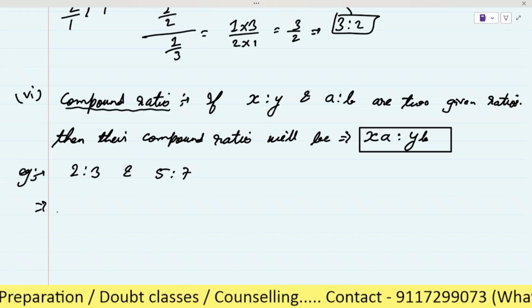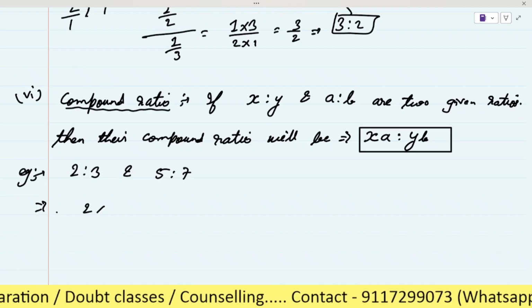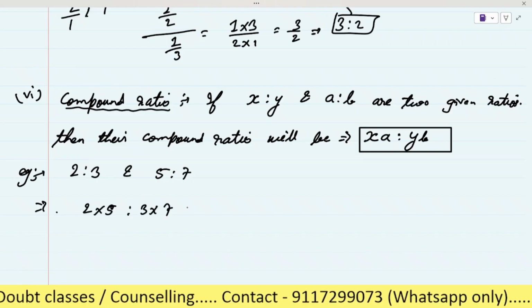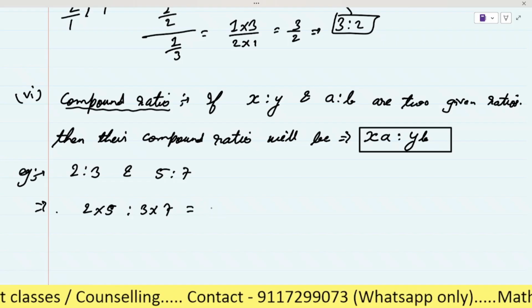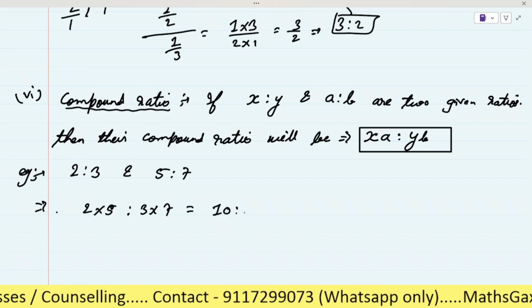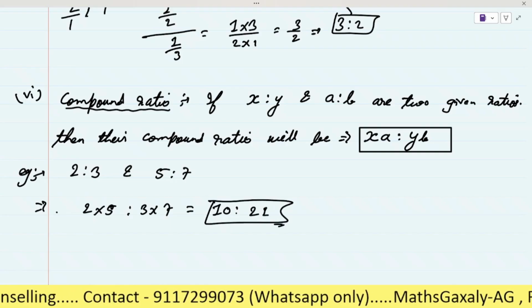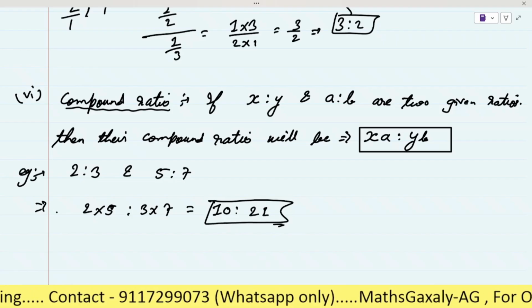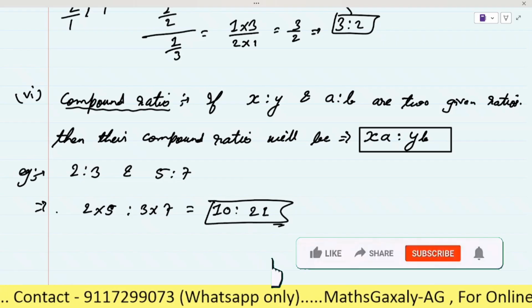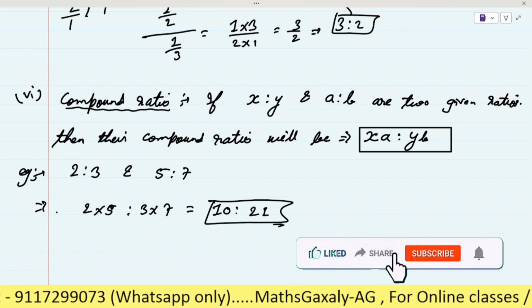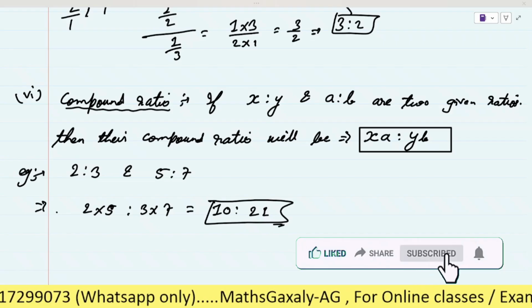So their compound ratio will be 2 into 5 is to 3 into 7. It will be 10 is to 21. So this will be the compound ratio of the given two ratios. Is it clear? Or any doubt? Okay, now?